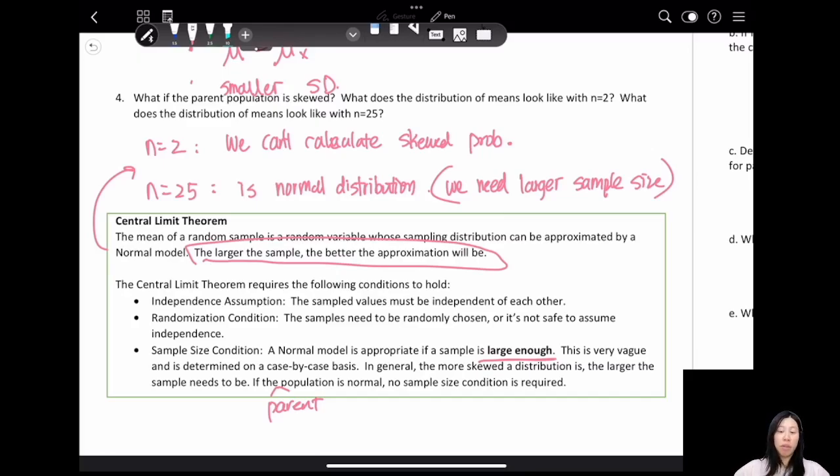So if the parent population is already a normal distribution, we don't need to consider the sample size. But if it's skewed, or maybe uniform, then we need to consider a larger sample size.